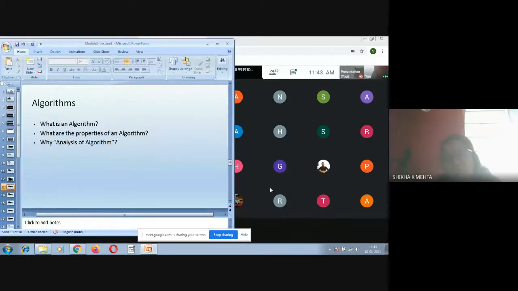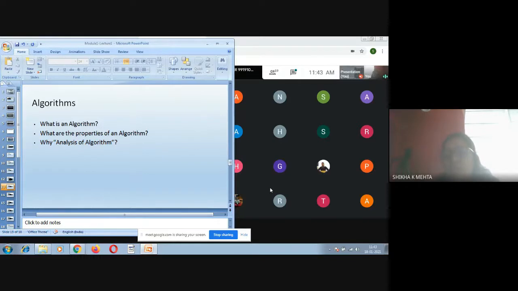Analysis is required to be done in order to understand what will happen if some other input is given. When we are playing with the inputs, if the input changes in terms of size, what will happen?